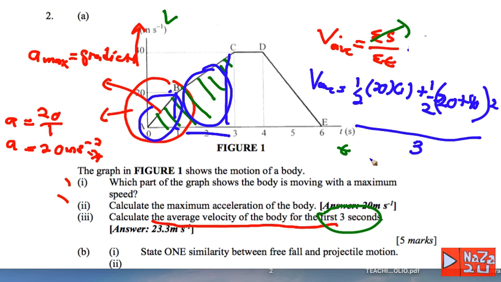Using the calculator, we find V average is equal to 23.3 meters per second. This is answer number 3.